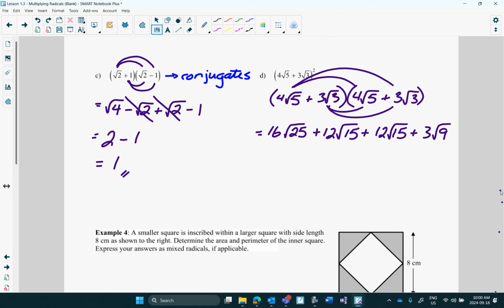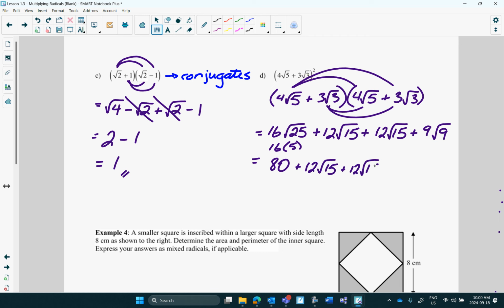Let's look at any ones that we can simplify before we collect like terms. What do you notice? It's 5. So this is the same as 16 times 5, which is 80. 12 root 15, 12 root 15, I'm going to be able to combine those after.